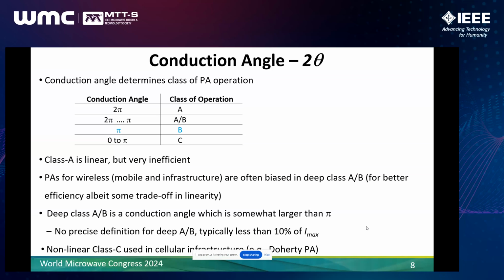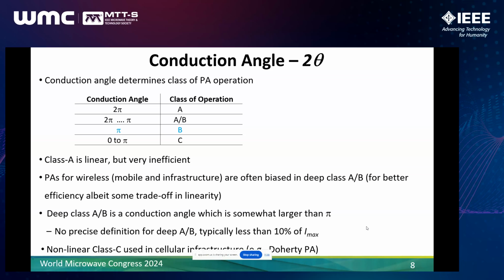So just a few thoughts on the different bias points. Class A, of course, is inherently linear, but it's the most inefficient operation in terms of conversion efficiency. Inherently, there'll be a lot of power dissipated within the amplifier in Class A operation, and hence it's not very useful in terms of a higher power PA.